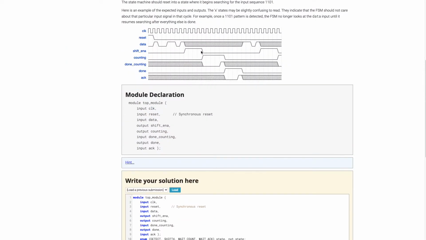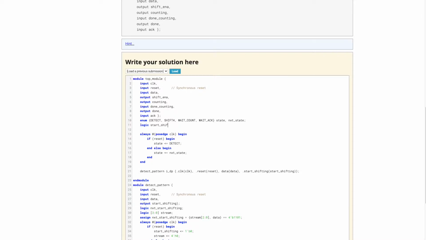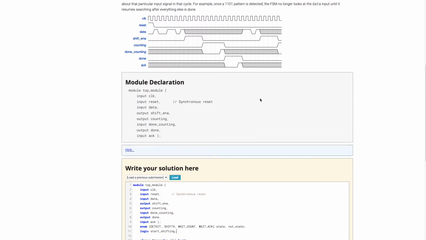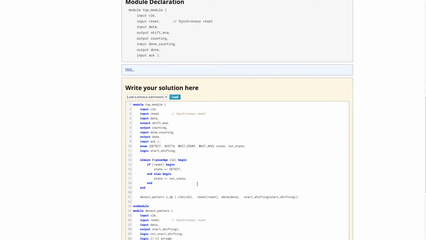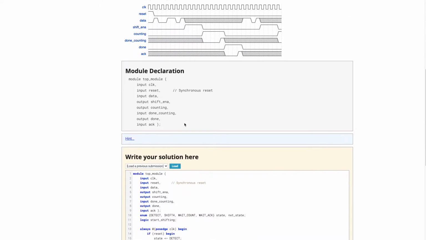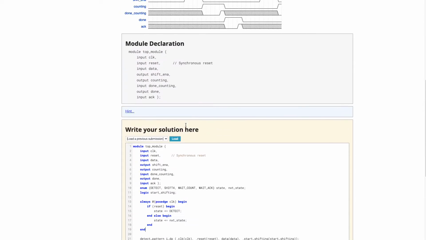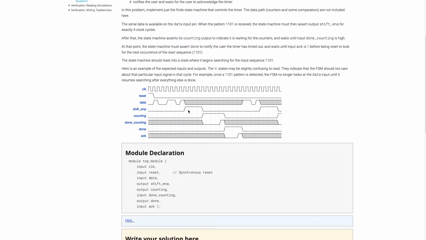So here we start shifting the cycle after. But the thing is, I want to transition to this state.